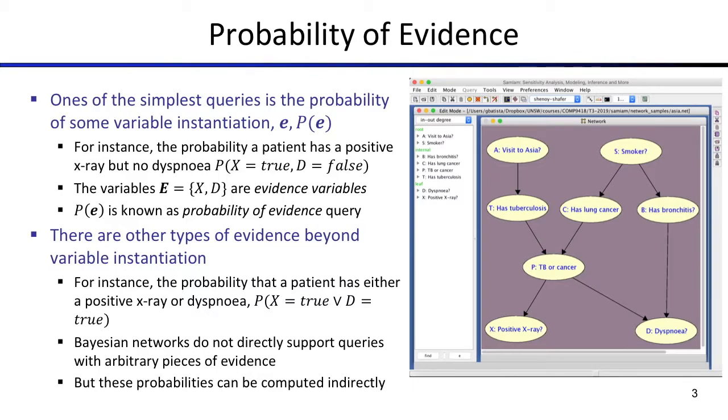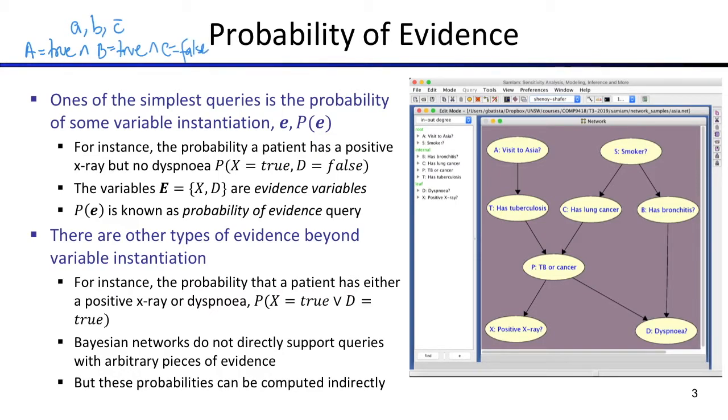And if you remember, when we defined the variable instantiation, it is something like A, B, and not C. And it should be interpreted as A equal true and B equal true and C equal false. Something like this.